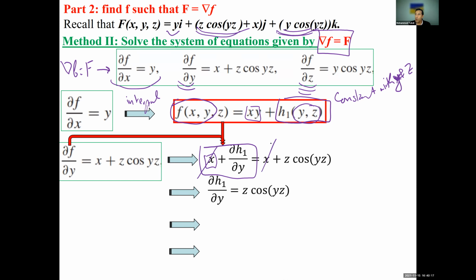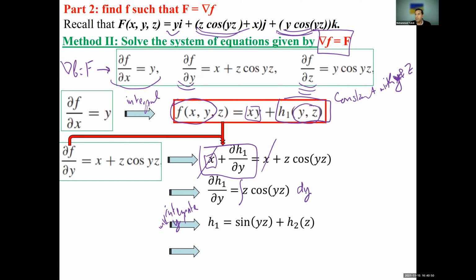So now the problem is finding h1. h1 is a function of y and z, and you can see here the partial derivative gives us a function of y and z. So how do you find h1? You integrate. Find the antiderivatives. The integral of the partial derivative of h1 with respect to y gives us h1 on the left side, and on the right side, the integral with respect to dy.